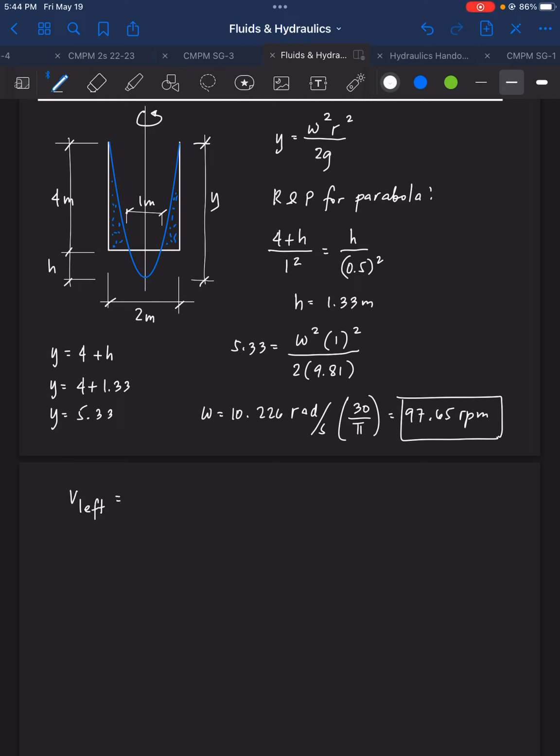If you analyze it, it is equal to the volume of the cylinder minus the volume spilled. Okay, so how do we determine the volume spilled?